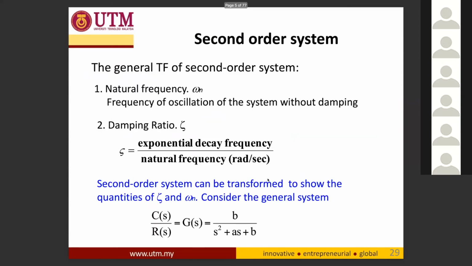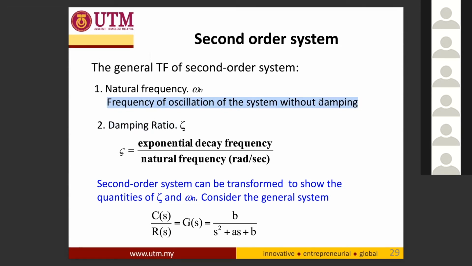Right. So second order system, we have two important parameters in the general second order transfer function. The first one is the natural frequency, omega n, and damping ratio, zeta. Yesterday I discussed the natural frequency, the frequency of oscillation of the system without damping, known as undamped natural frequency, omega n.